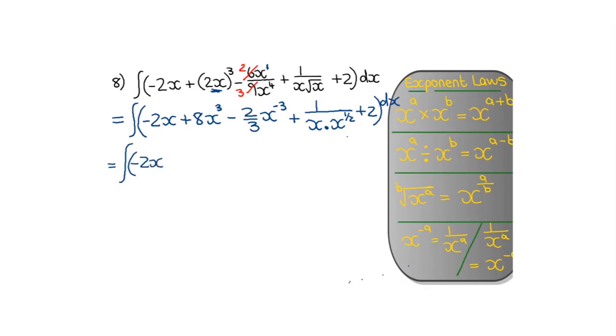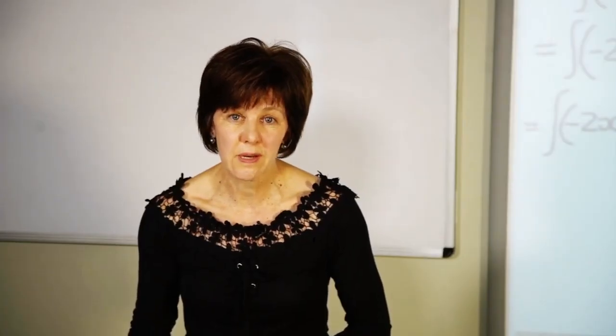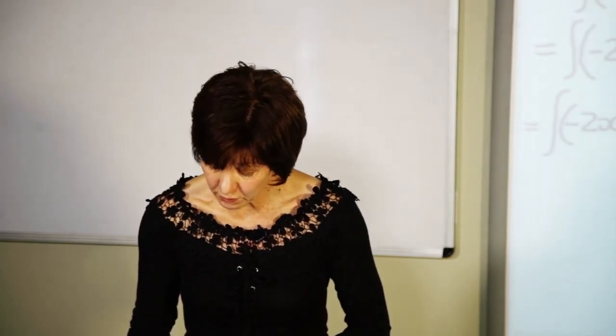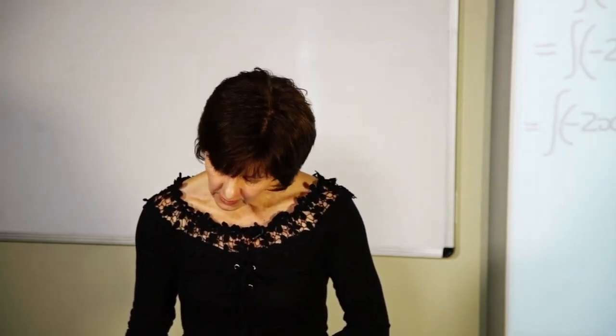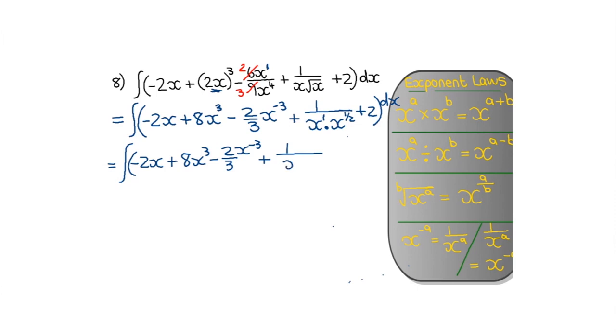Let's rewrite. This term, no problem. Next term, no problem. Next term, this one is fine because the x to the power -3 is in the numerator. That's no problem. But here, I still have to add up the exponents to enable myself to multiply these two powers. So it will be x to the power 1 plus 1/2 is 1.5.